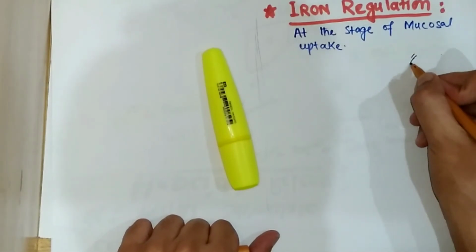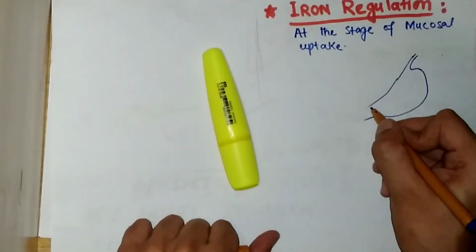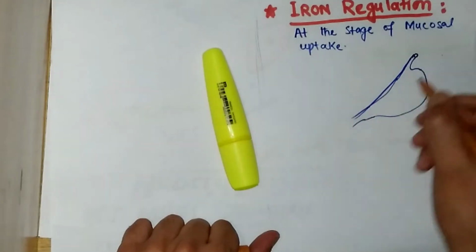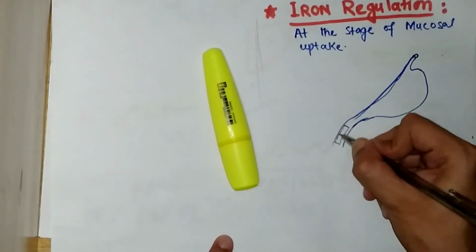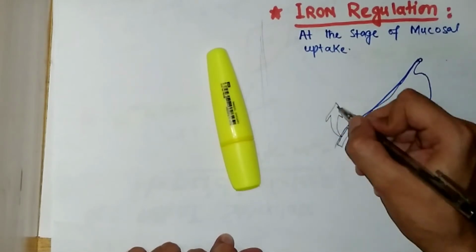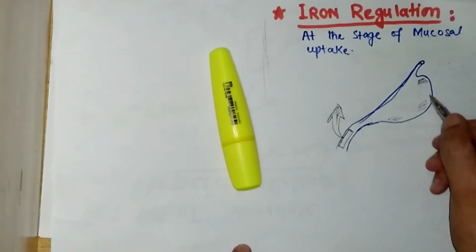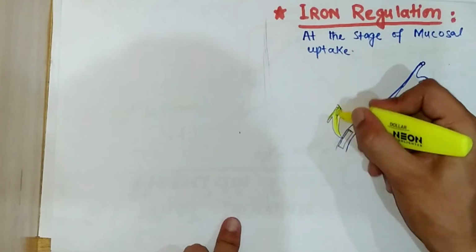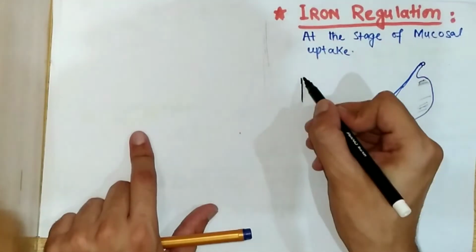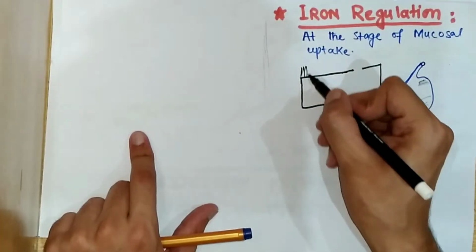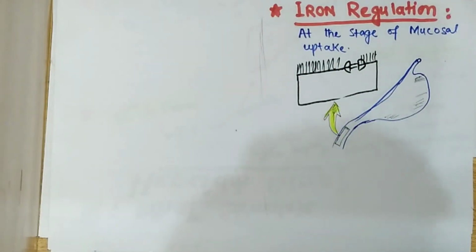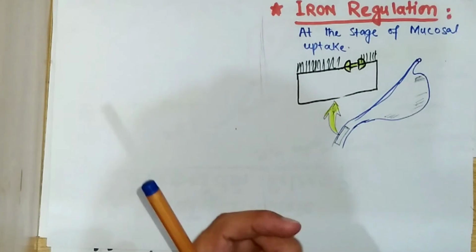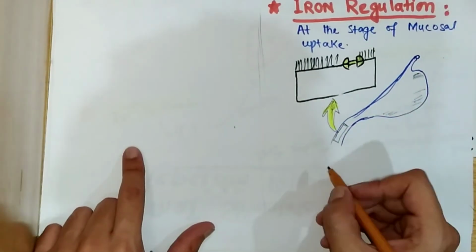According to recent modern studies, there is a factor, HIF2 alpha protein, which is a mediator of cell adaptation and is coded by a gene. These proteins can cause the enterocyte to adapt its cells according to the condition, to increase the absorption of iron or stop the absorption of iron.